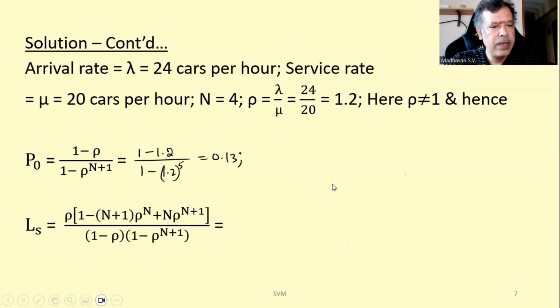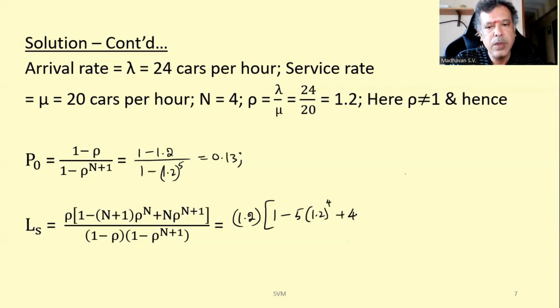Next, we will calculate L suffix S. So if we apply the values, we get 1.2, that is rho value, times (1 minus (capital N plus 1, which is 5) times rho power 4, that is 1.2 power 4, plus capital N, that is 4, times rho, that is 1.2, to the power of 5, because N plus 1).